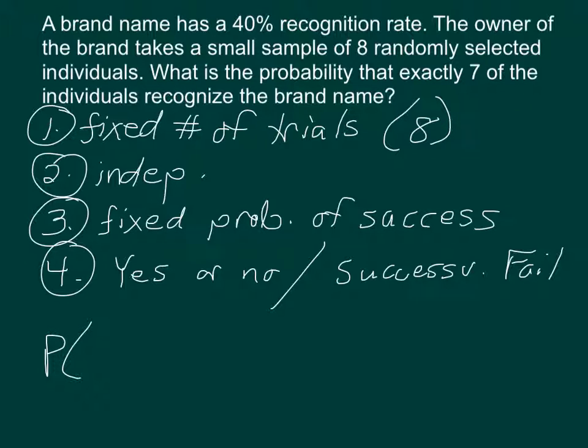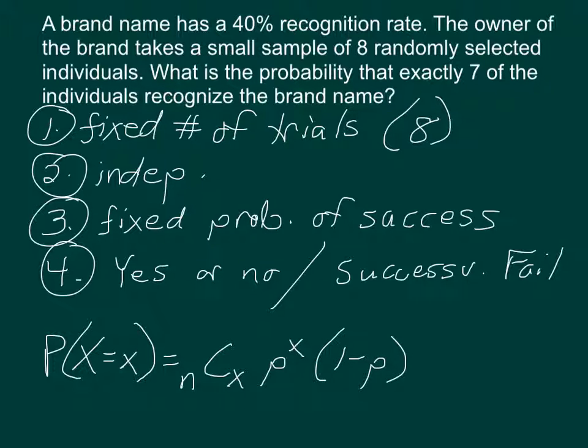So the probability that the random variable x, the number of folks that recognize the brand name, is equal to a given numeric value is equal to n choose x times p, the probability of success raised to x, the number of successes, times 1 minus p, the probability of failure, raised to the n minus x, or the number of failures. Let's see what that looks like in this context. Let's jump to the next slide here.